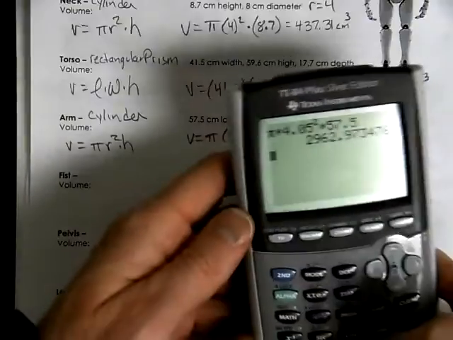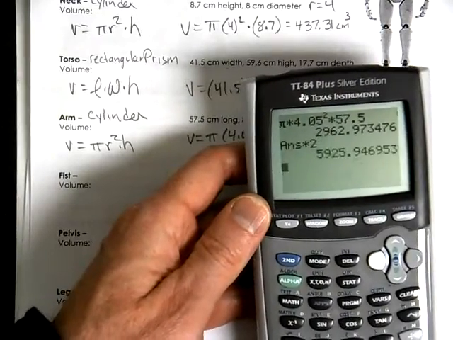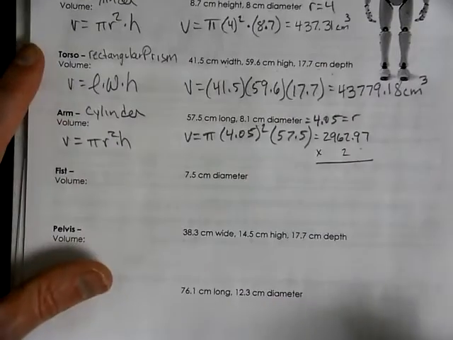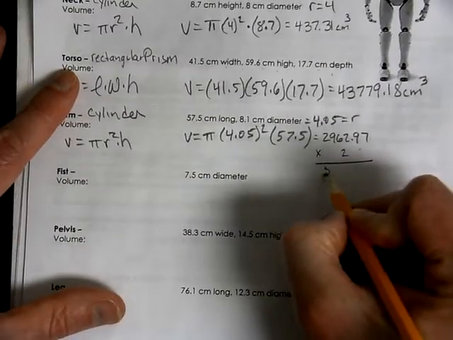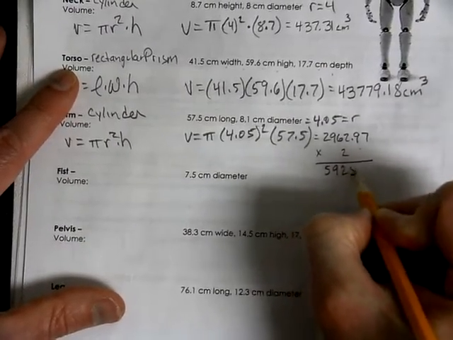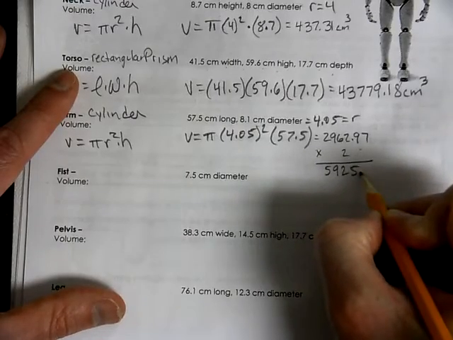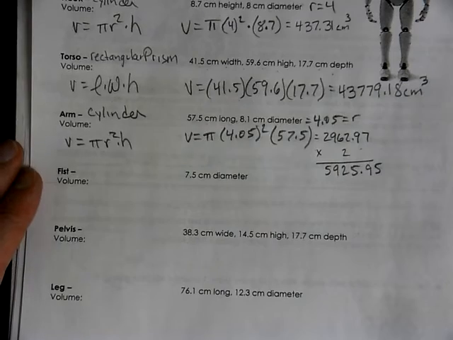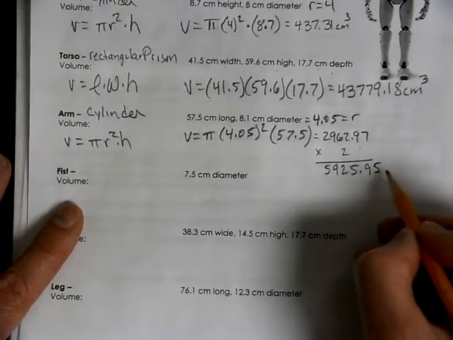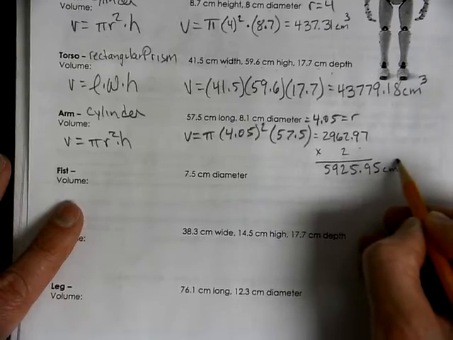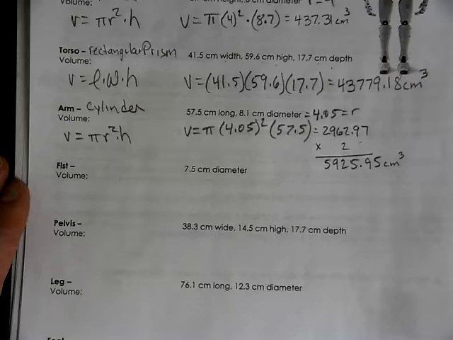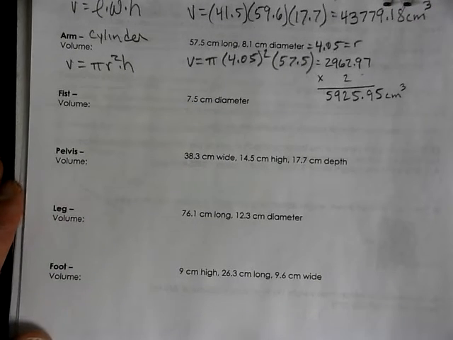So if we times this by 2, we're going to get 5,925.95. Those are cubic centimeters.